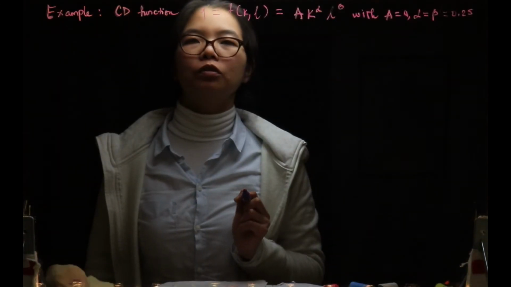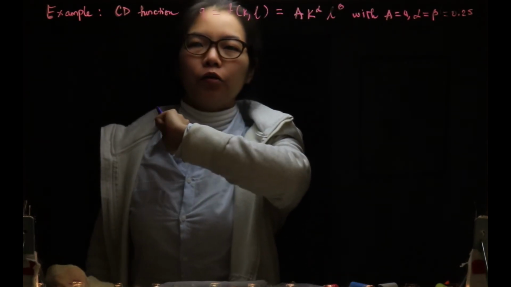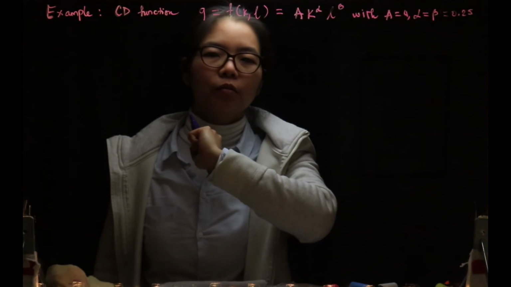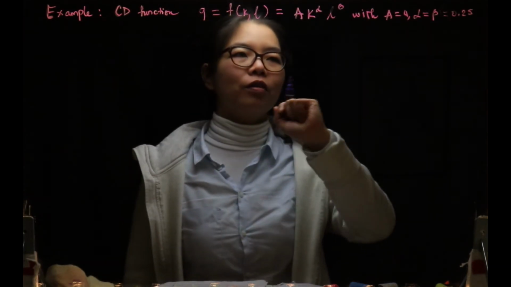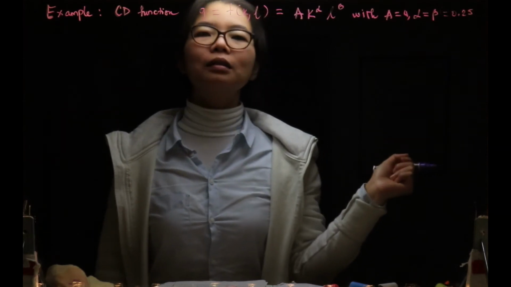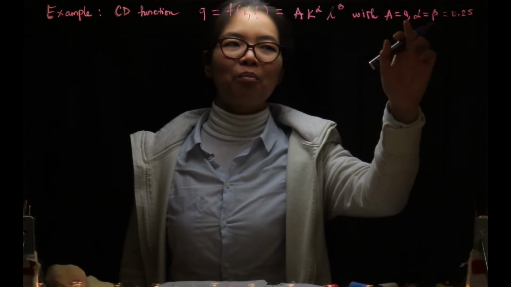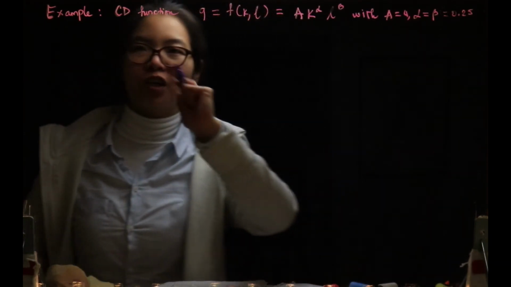Alright, let's have an example with the good old Cobb-Douglas production function. However, now I decided to make it a little bit less dry by at least substituting some numbers in the production function.